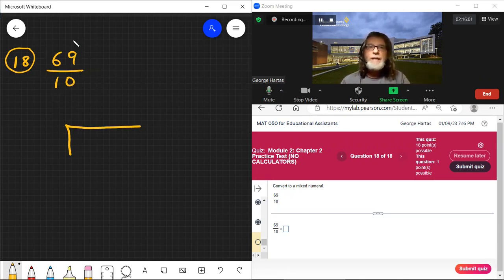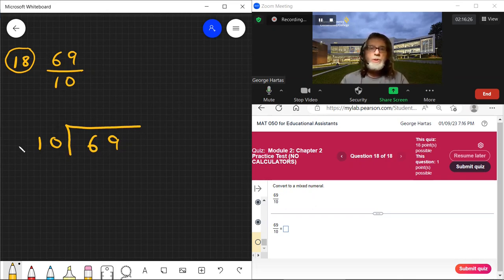We're dividing into the 69, which means this goes inside the box. 10 is the divisor. We're dividing by it, so 10 goes outside the box. So you have to convert a fraction into long division and make sure you put the numbers where they belong.